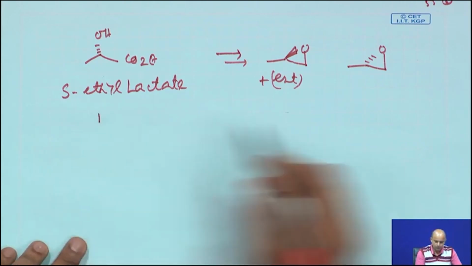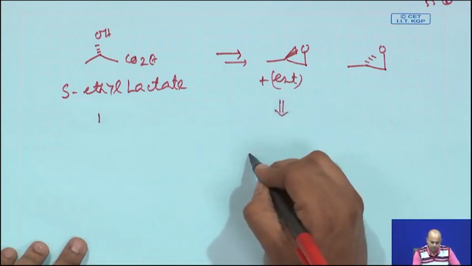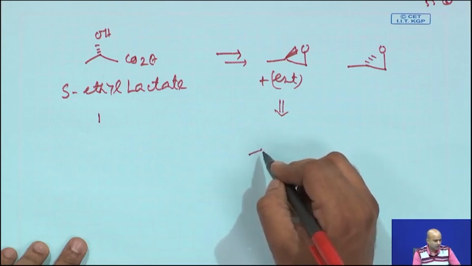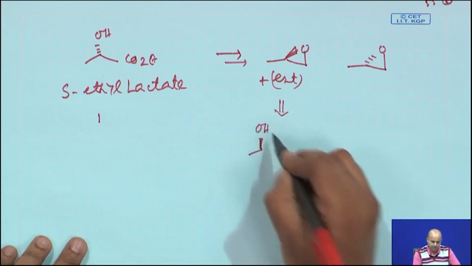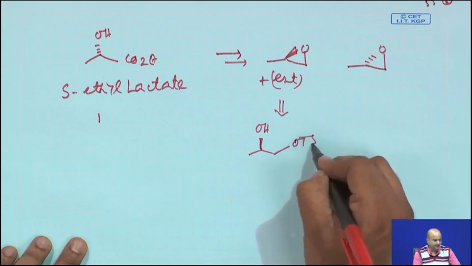Now, if you do the retrosynthesis for both enantiomers, probably for this enantiomer you do something like this and then put an OTs here.